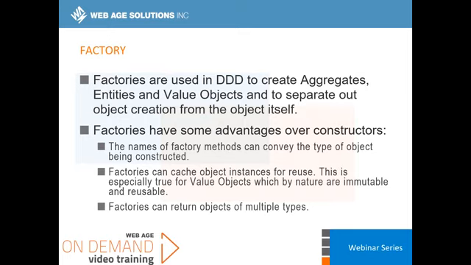Oftentimes, when an entity of any kind or a value object has complex construction requirements, then we can construct those objects and encapsulate the logic required. And in fact, there are times where if the construction of the object has some complexities, then as we finish with an object, we might be able to reuse that object with a new set of values.